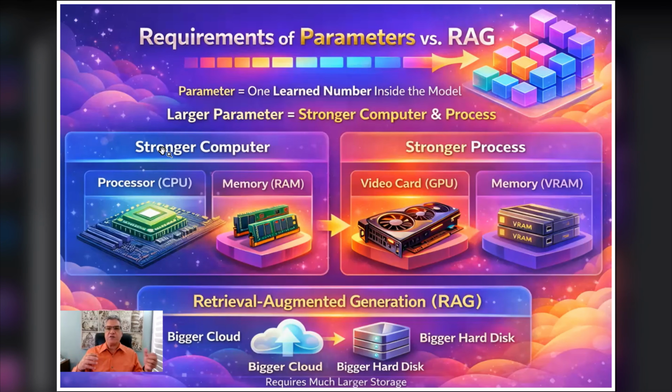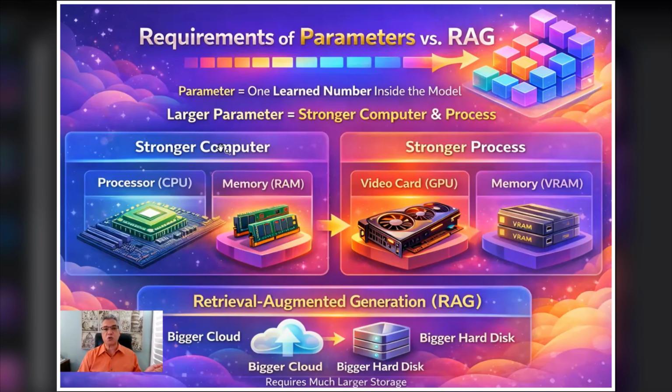So if you have a bigger parameter model, like a 5 billion parameter model, you have to make sure to get a very strong processor with a lot of memory. The CPU is the processor of the computer, and the memory of the computer is the RAM.